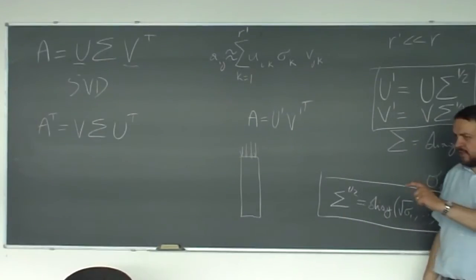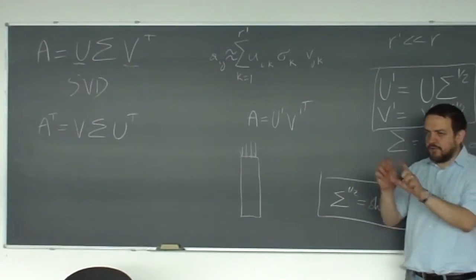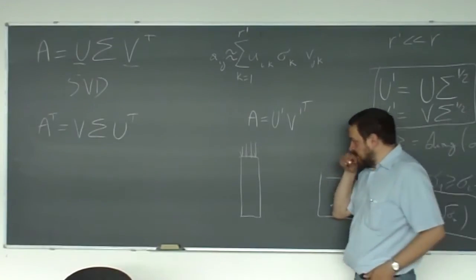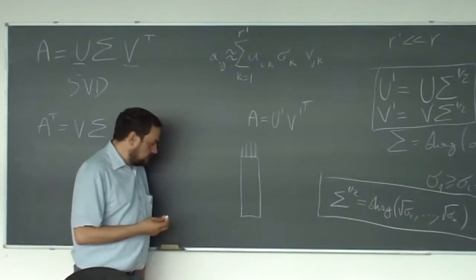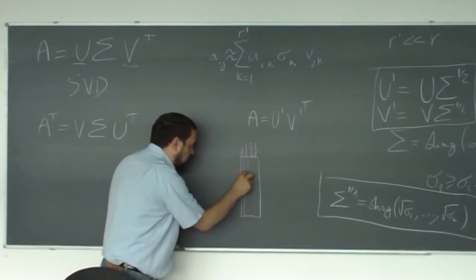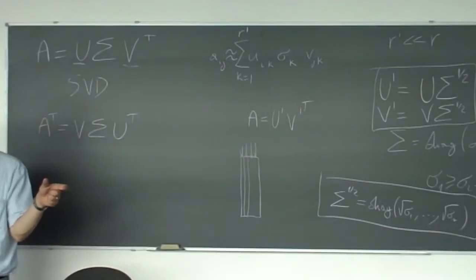Okay, they were all unit vectors and orthogonal to each other. So all columns had the same length when you saw them as vectors.